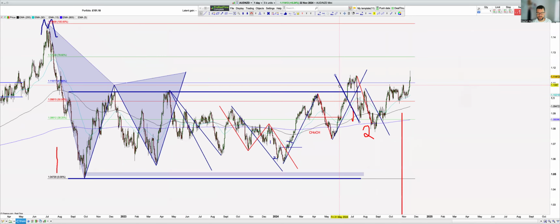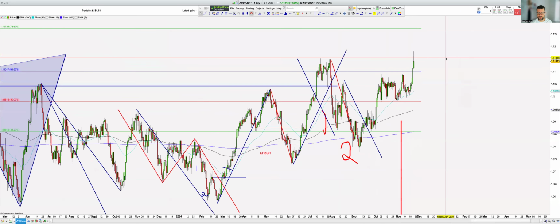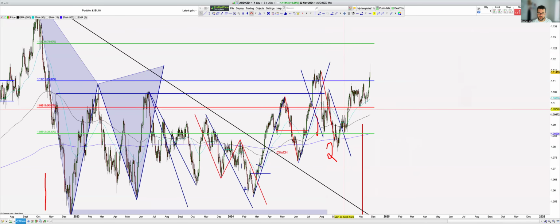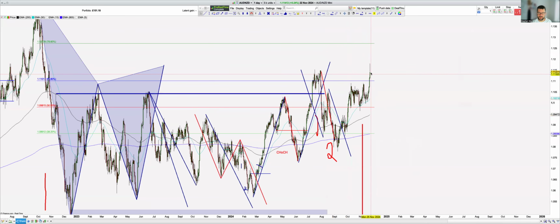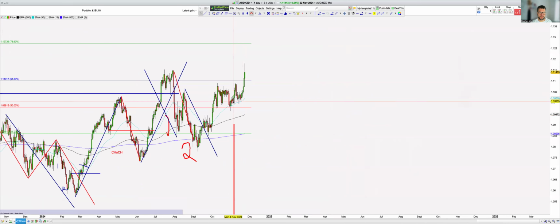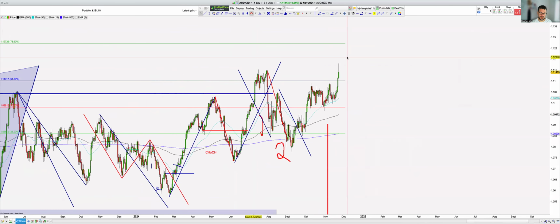Now, the question is, is this the start of a bigger move higher? Because we've got this 1, 2, 3. So we know we're in the third leg of this move. Now, being in the third leg of the move, is this going to be structured as a 1, a 2, a 3? Maybe. That's definitely a situation.